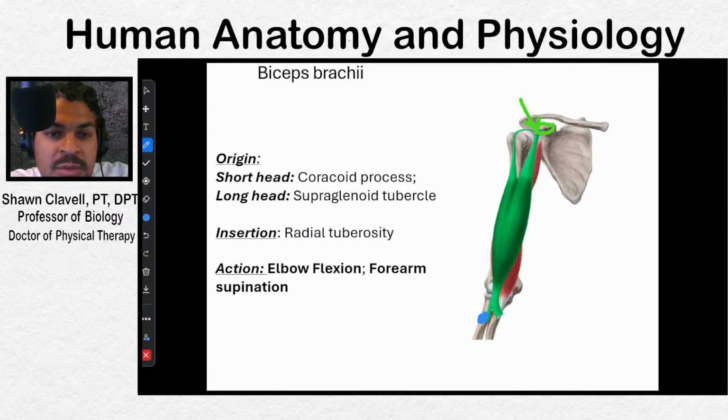And so the action of this muscle, most commonly, is that it is an elbow flexor as well as a forearm supinator. So it supinates the forearm, flexes the arm, right? This is a muscle that is responsible for elbow flexion. Let me see if I have an example of it for us to see here.